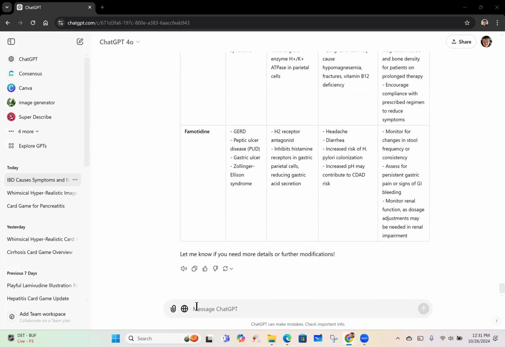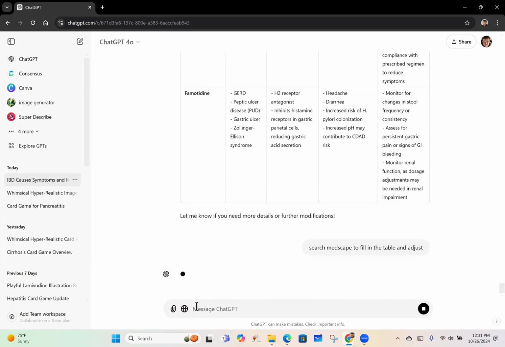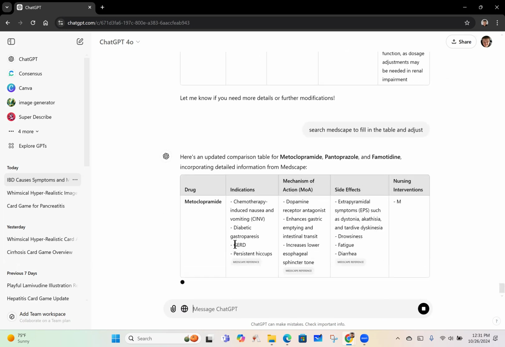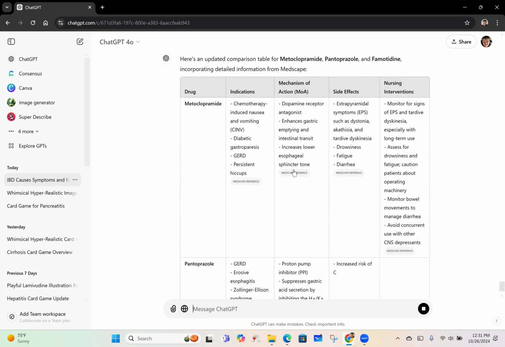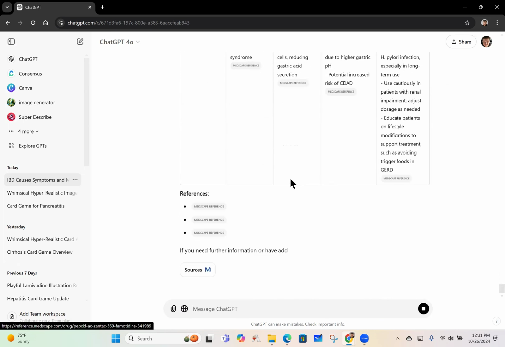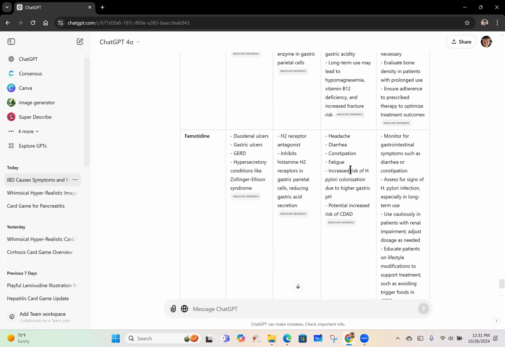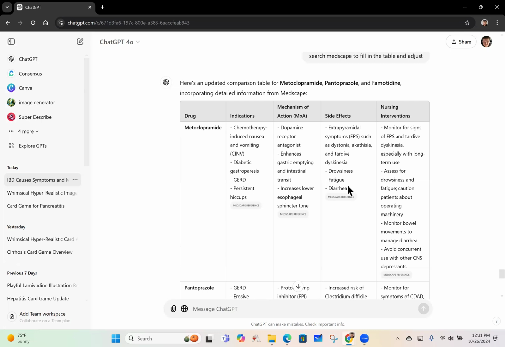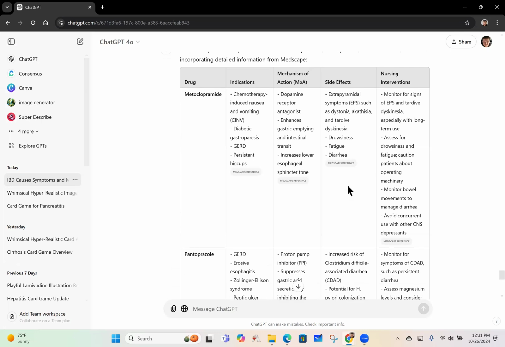Search Medscape. It gives you the link to the actual article if you want to learn more. That's a quick way. You really don't need a drug guide at this point.